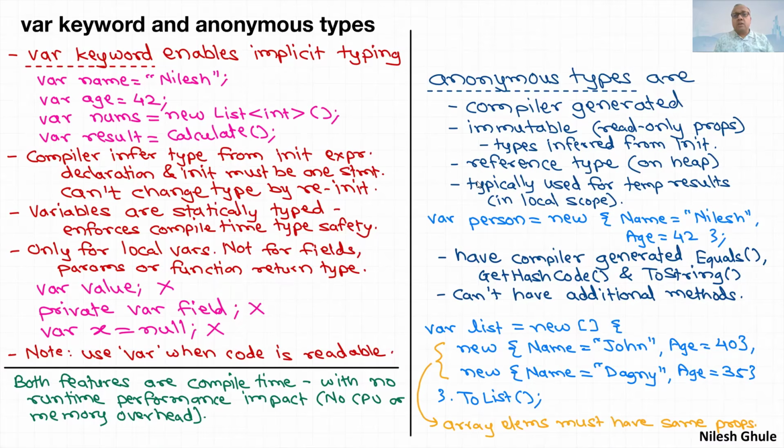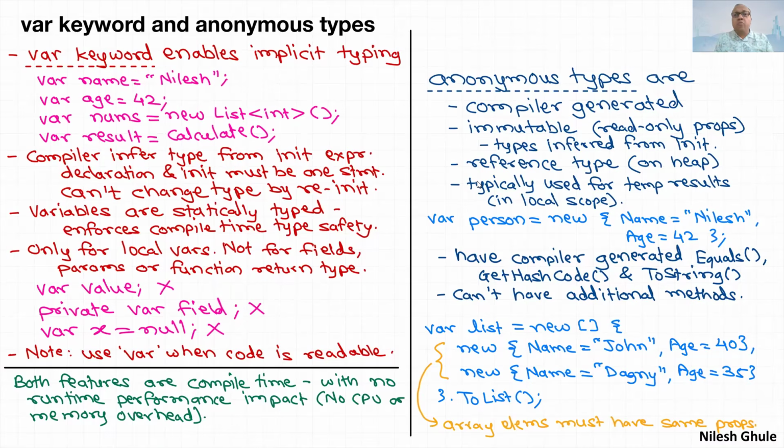The question is where these var keywords are used. The var keyword is primarily used when your right hand side is very much readable. You can guess the type from the right side immediately. It is useful when people go for LINQ projections or anonymous types.